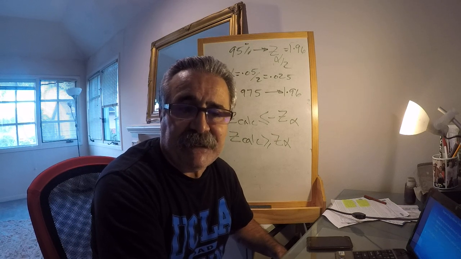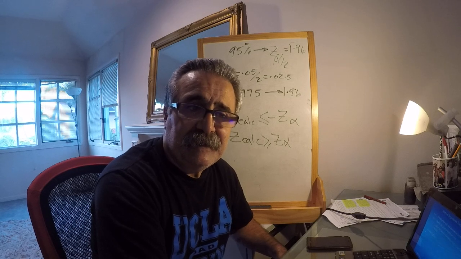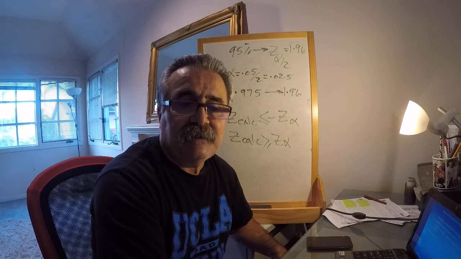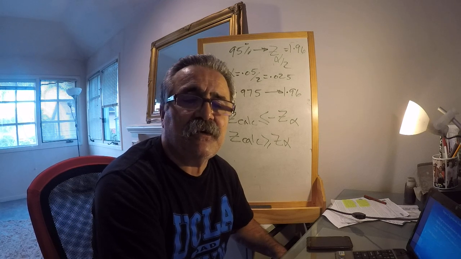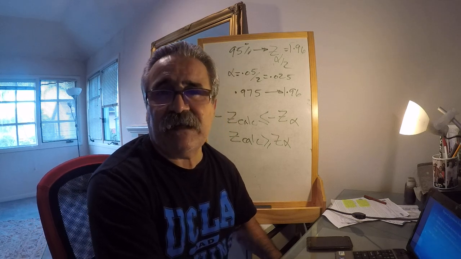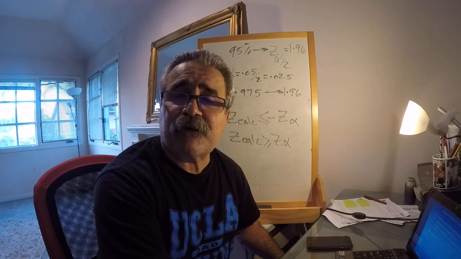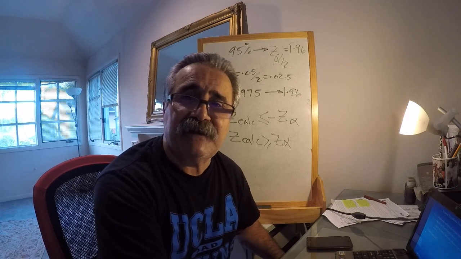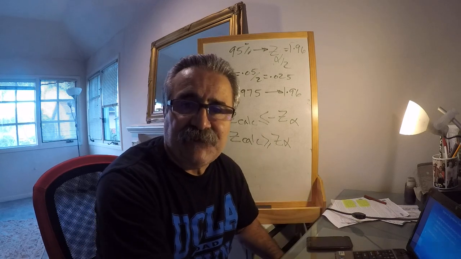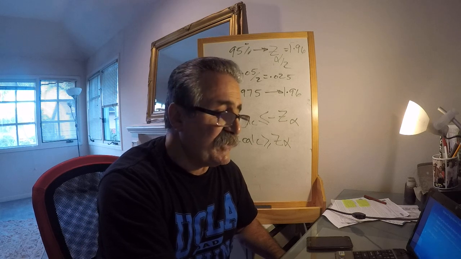I always suggest that students go ahead and calculate the z-value, and once you have the z-value, just use the critical value approach and compare that against the z of alpha, and that way you can decide whether to accept or reject the H0.